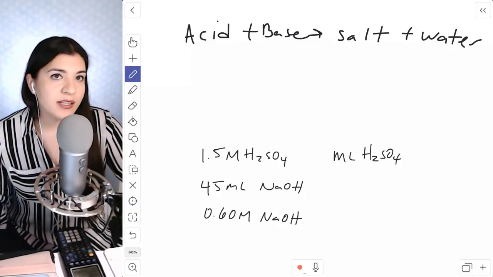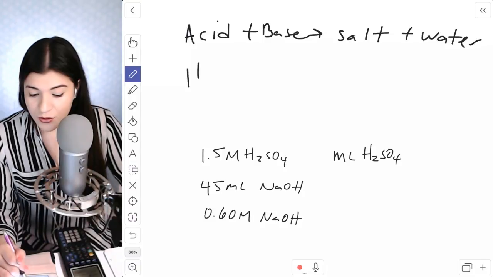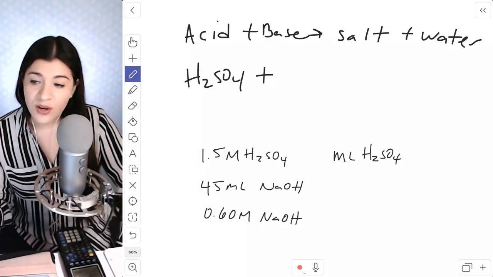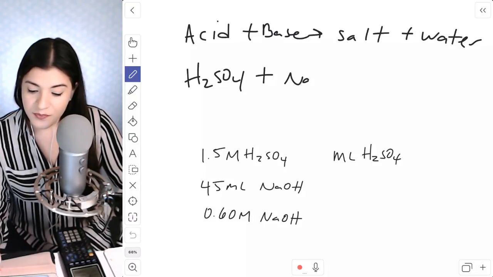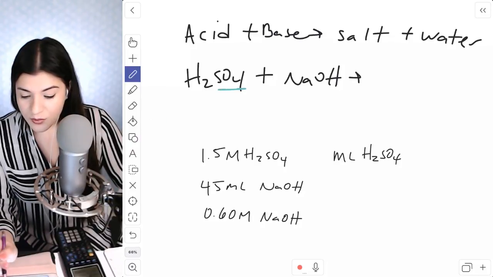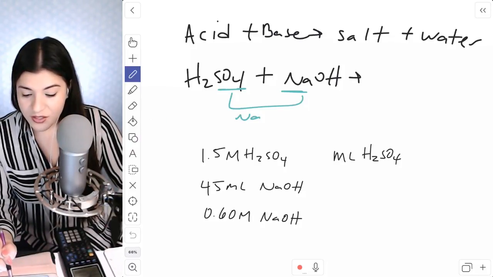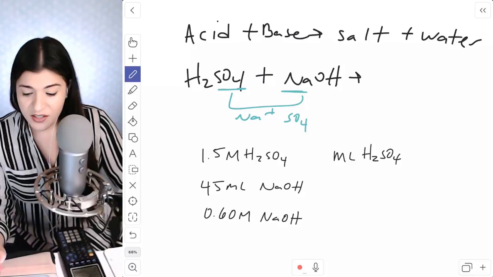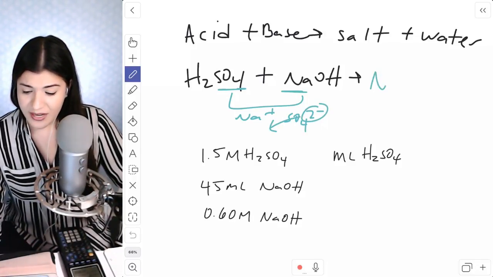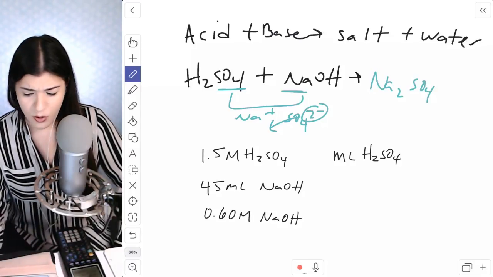So our acid in this case is the one that starts with an H. So H2SO4 plus our base, we know it's a base if it ends in OH. So NaOH, that would then form a salt, which would have been Na with a plus charge and SO4 with a 2- charge. Then this would go, and that would be Na2. So Na2SO4, and then plus water.